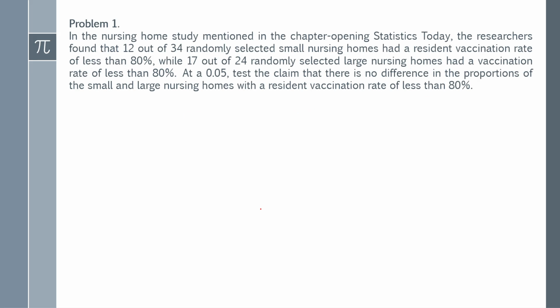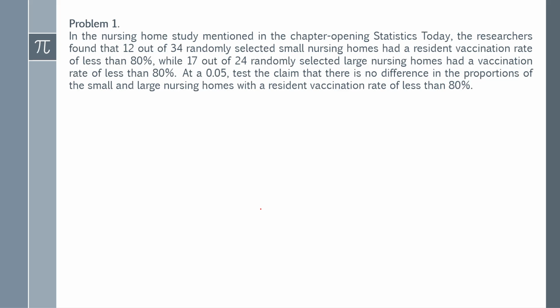Okay, let us have example number 1. In the nursing home study mentioned in the chapter opening statistics, they found out 12 out of 34 randomly selected small nursing homes had a resident vaccination rate of less than 80%, while 17 out of 24 randomly selected large nursing homes had a vaccination rate of less than 80%.